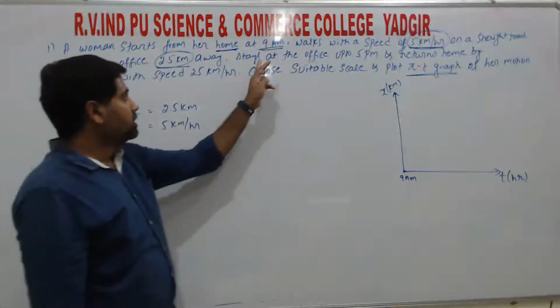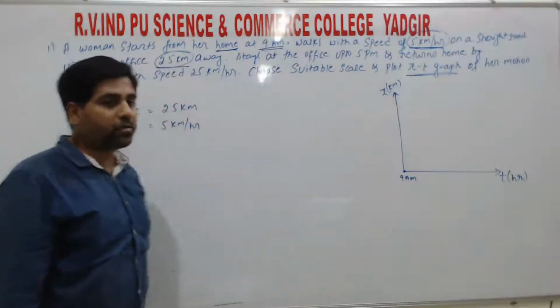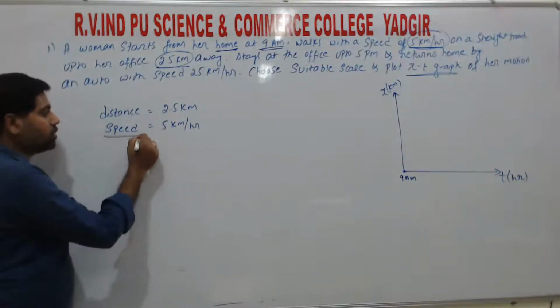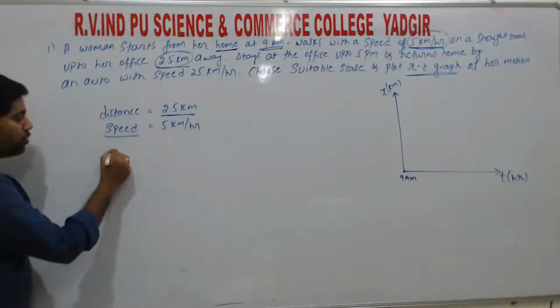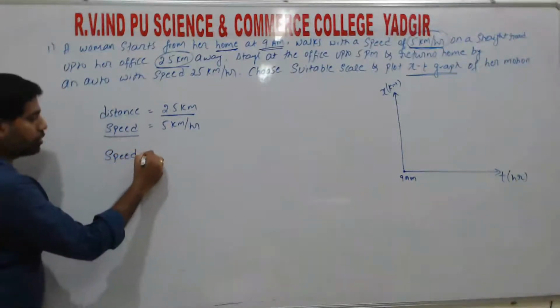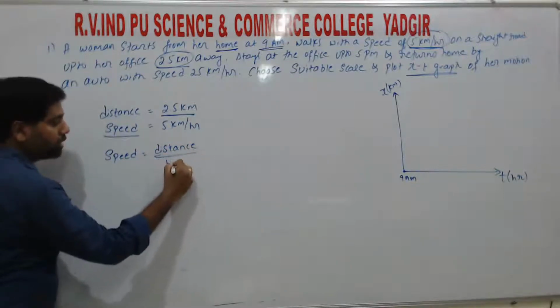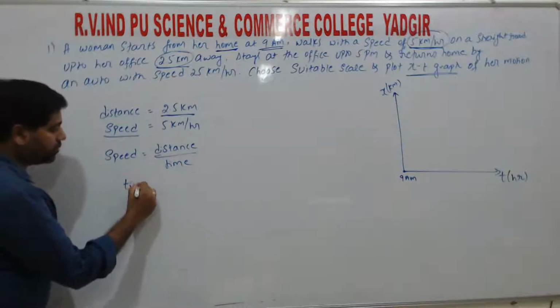Next, she stays at the office up to 5 p.m. But first, what we need to find is how much time she takes to cover this distance, right? We know speed is equal to distance by time, so we need time.